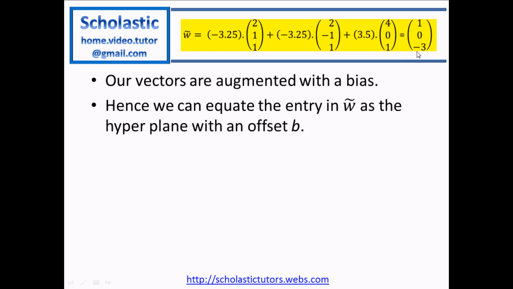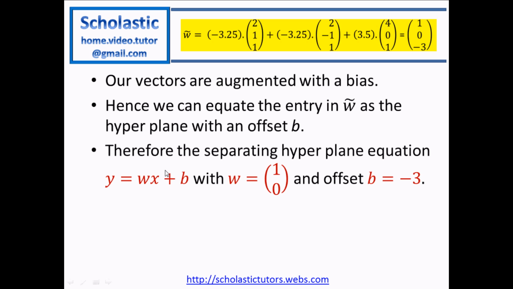So therefore we can separate it out. Basically this is W after modification, and we take out W from W tilde, and the offset is the -3. So basically it is an equation y equals wx plus b with w equal to (1, 0) and offset b equal to -3.